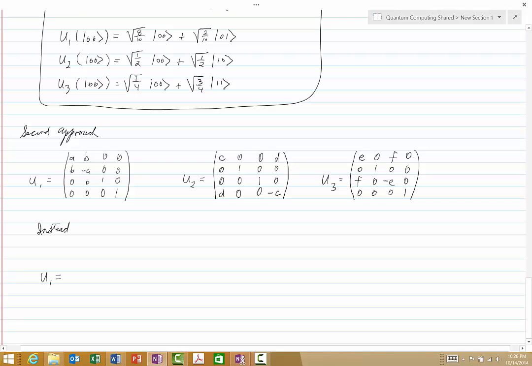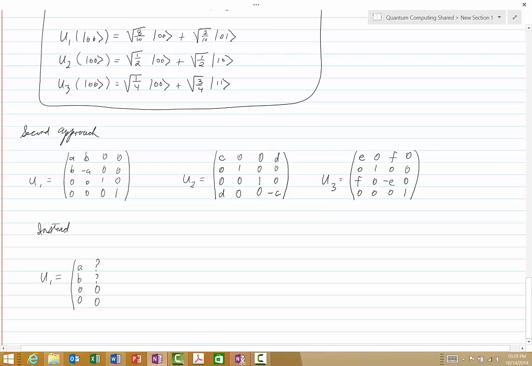We know that U1, since it maps 0, 0 to A00 plus B01, as I said a moment ago, we know then that the first column is AB00. And secondly, for the second column, we know that the last two terms are 0, but for the first two terms, let's just put question marks.